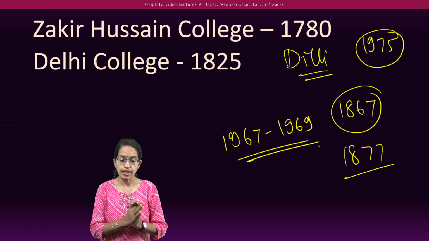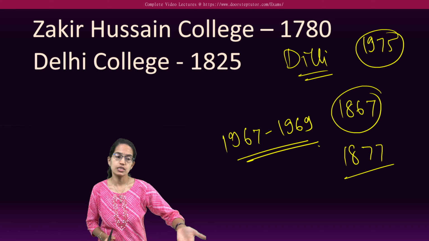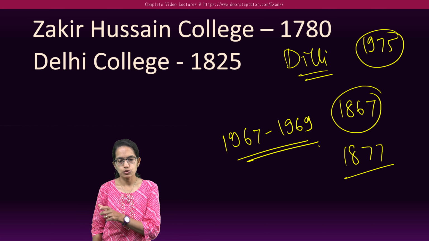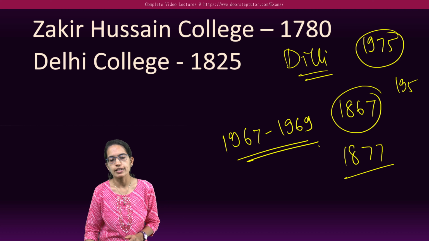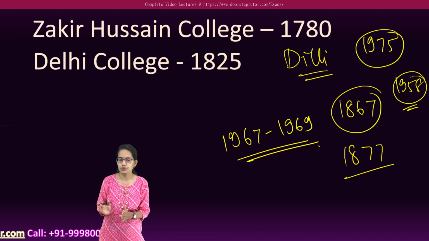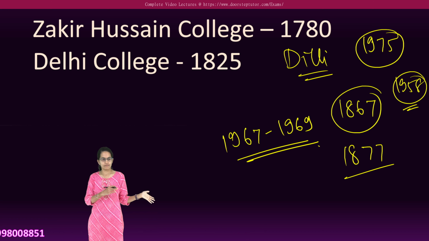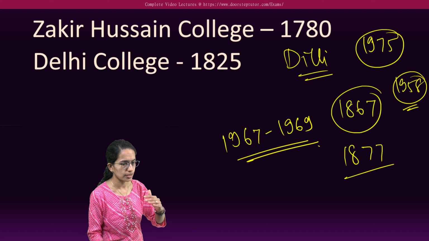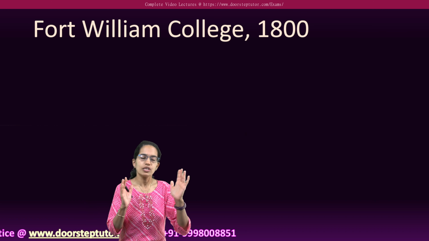So his accomplishments have been important. This Zakir Husain College also had an evening shift, which was introduced in 1958. So it was a kind of switching of names, from Delhi College to Zakir Husain, from Zakir Husain to Delhi, and back to Zakir Husain.